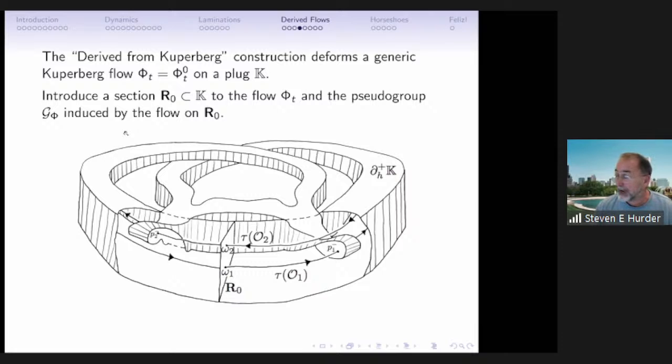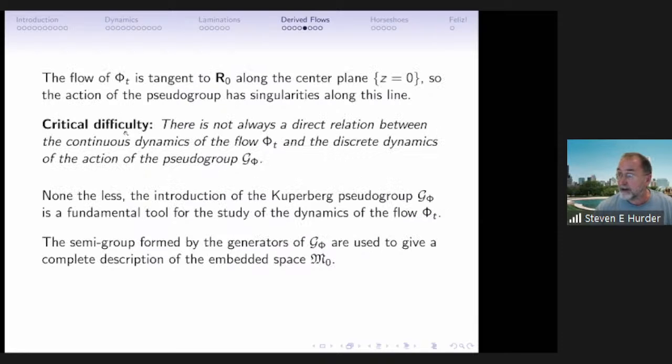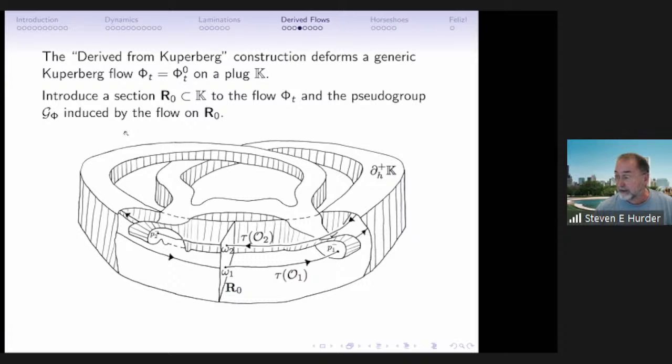So with that as a definition, you go and look back at the original idea. Now, this picture doesn't help you a lot with analysis because it's a plan for insertion, but you take the flow on this cross section you see, the R0, and when you insert there, you can draw that as a pseudogroup acting on that.